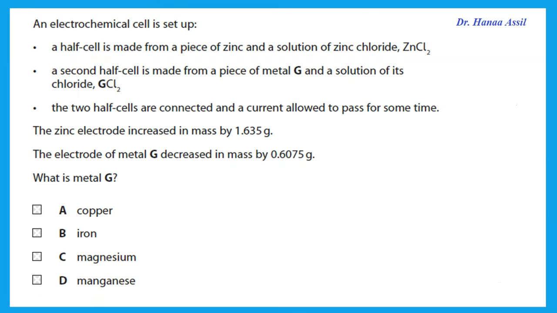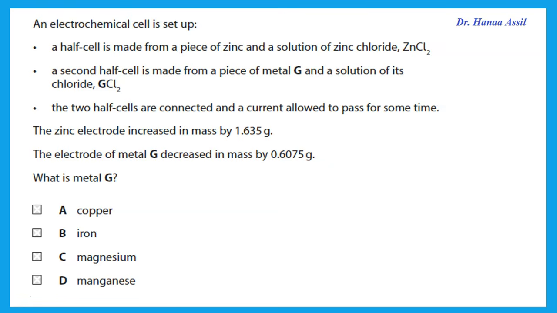This was a question that talked about an electrochemical cell that has a half cell made up of zinc and zinc chloride solution, and a second half cell made from a piece of metal which we don't know, so we're giving the letter G, and a solution of its chloride.